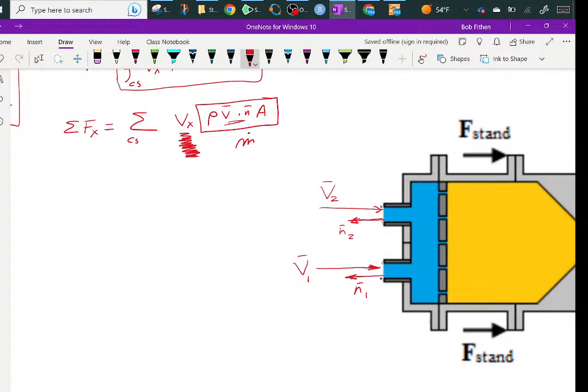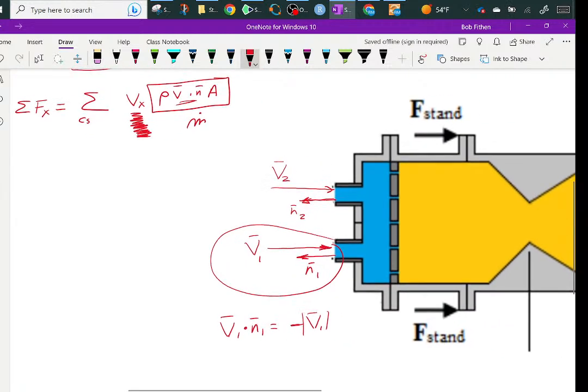If I look at this, V1 dot N1 is equal to minus V1, the magnitude of the velocity, because they're going in opposite directions. Actually it's the magnitude of velocity, magnitude of the normal times the cosine, and they're opposite directions, so it's 180, and this becomes a minus 1.